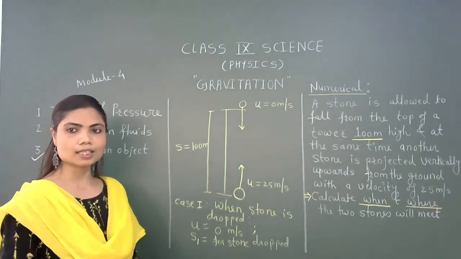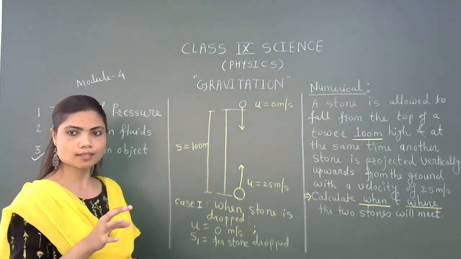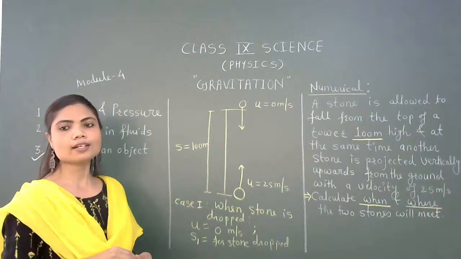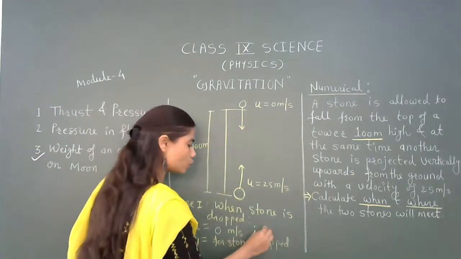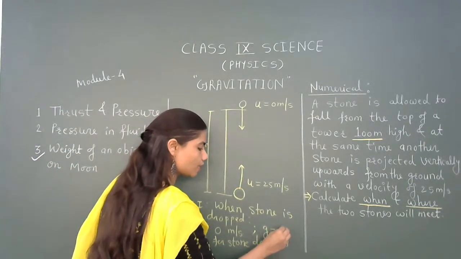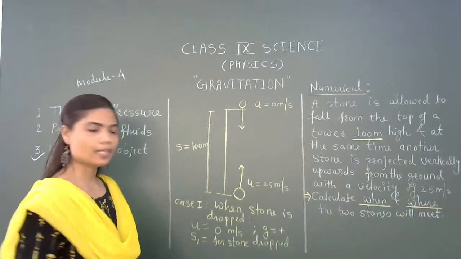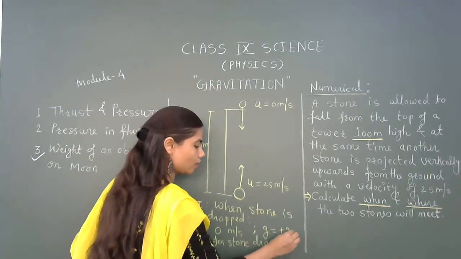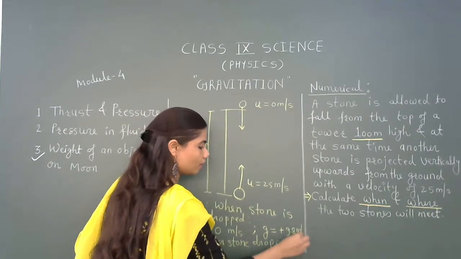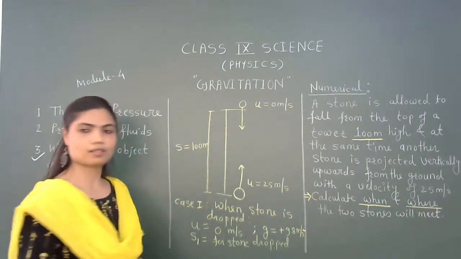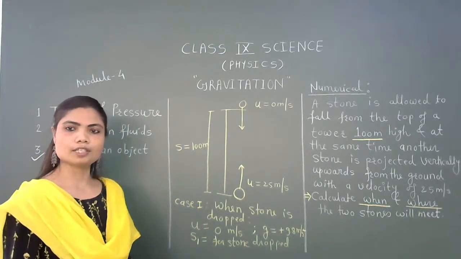And what is the sign convention? If g is downward, then it must be positive. So your g will be equivalent to plus 9.8 meter per second square.